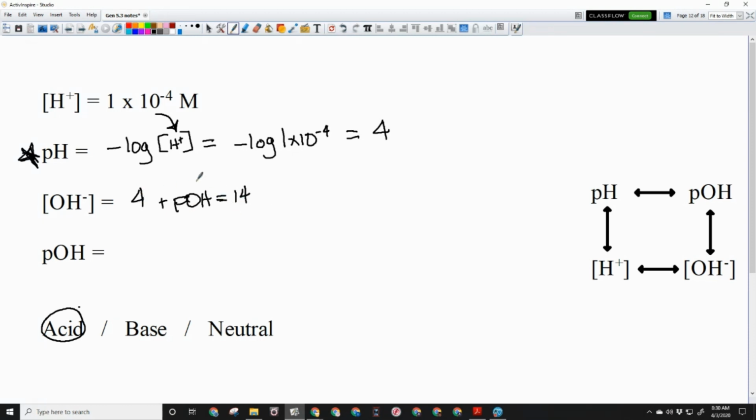Algebraically, we can figure this out, and this is such a simple algebra problem that we can do this in our head. We now know that the pOH is a 10. 4 plus 10 is equal to 14. So our pOH is 10.